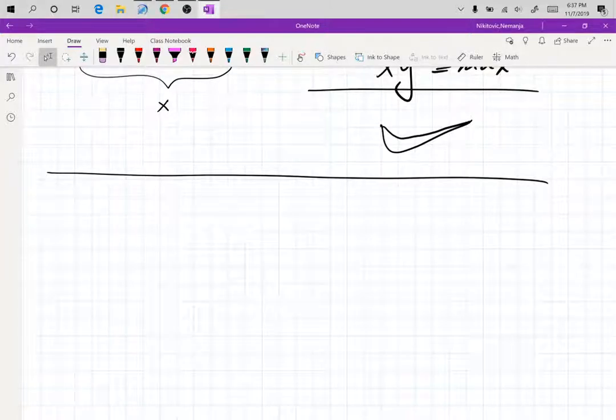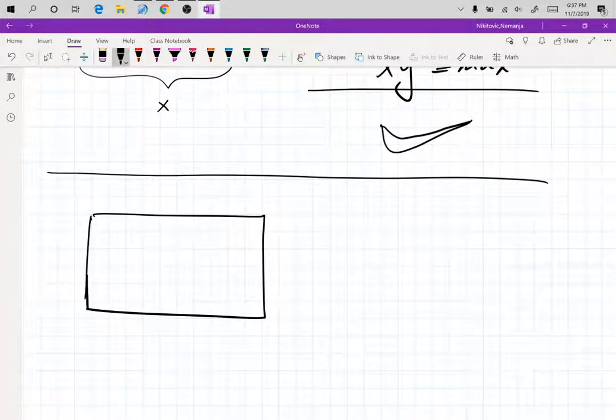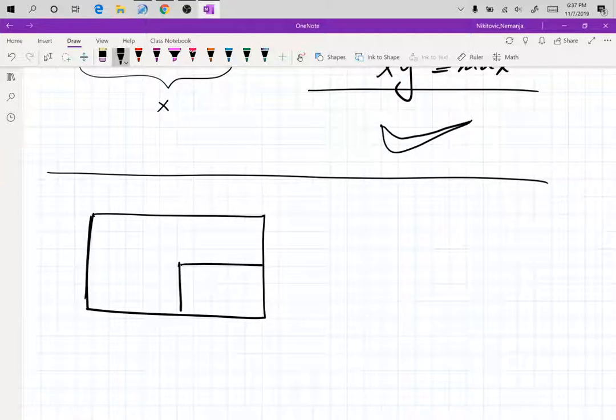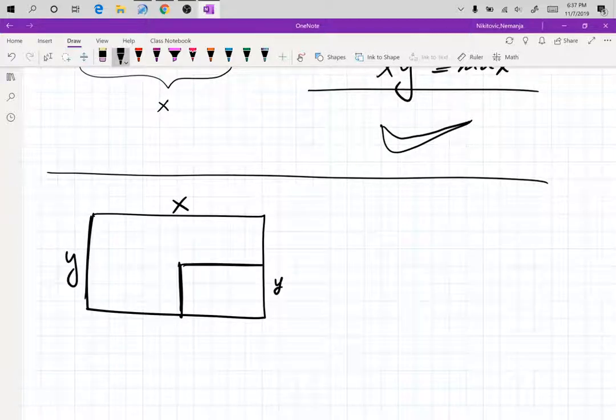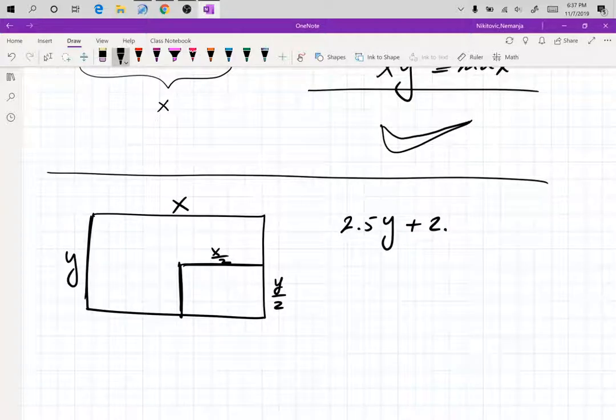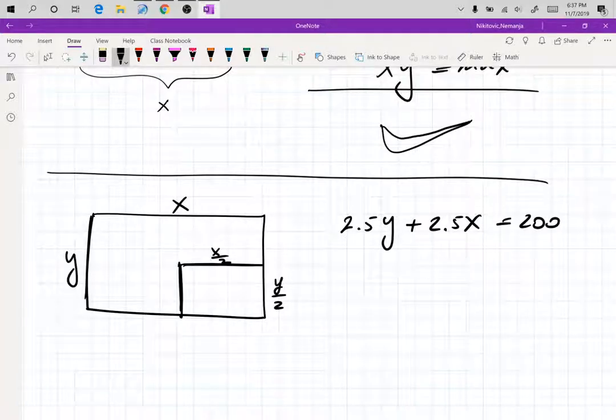Okay. The next farmer's problem that you can also work at home because you care is if you, let's say, have a little area fenced off like that. 2.5y plus 2.5x is 2,000. xy equal max.